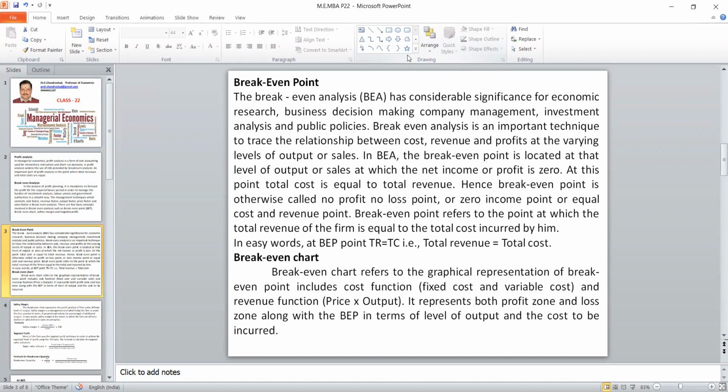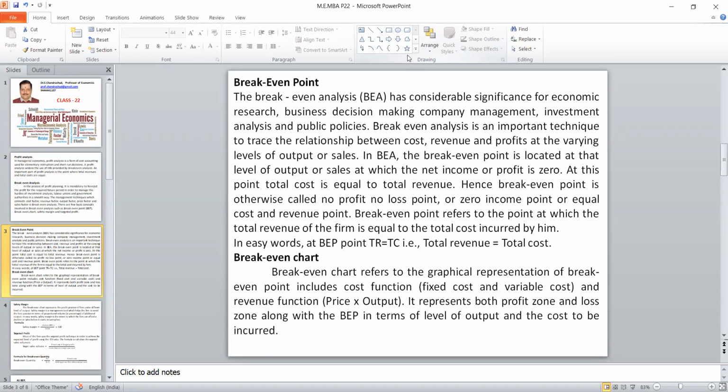So how can it be represented? Either you can use the graphical method or the arithmetical method. Most of the time they will ask for the graphical method. When you represent the break even point in a graph, it's nothing but the break even chart.